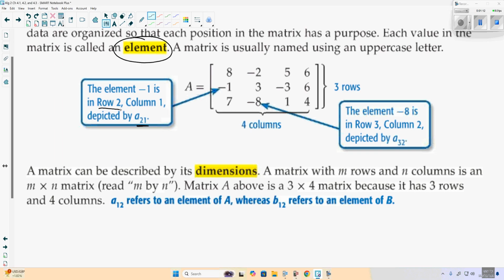So a2,1 is second row, first column, which is -1. Or if we said a3,2, third row, second column, that would be -8. Because we always start in that top left corner, down over, rows by columns gives us our dimensions. Dimensions we've covered before. Really the only new piece is elements and defining what an element is.